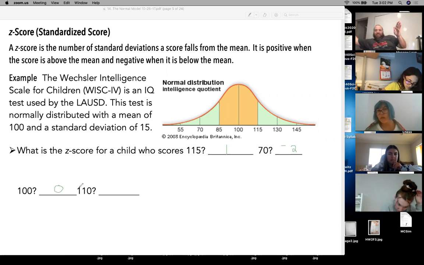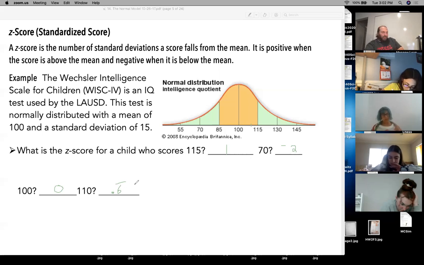Not half either. Close. 0.66, 2/3. You are 2/3 of a deviation above the mean. Every deviation is 15. So if you are 110, you're 2/3 of a deviation, correct?